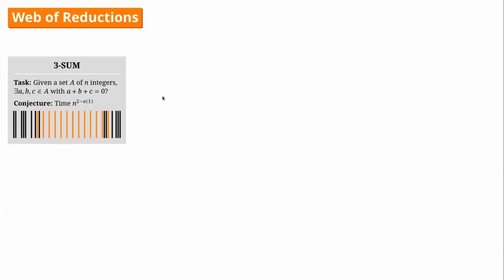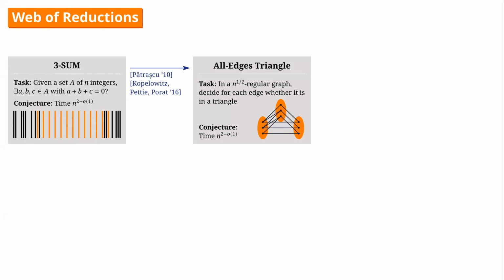Now this very famous problem can actually be reduced to a less famous problem. It's called the all edges triangle problem, but it's very, very convenient to work with. So the problem is you're given a graph. Let's suppose for simplicity that it's root n regular. And the task is to decide for each edge whether it's part of a triangle.